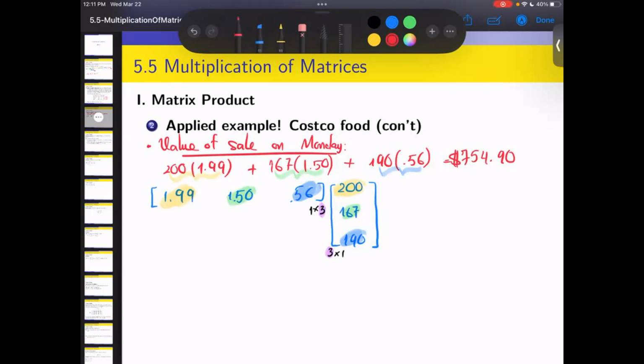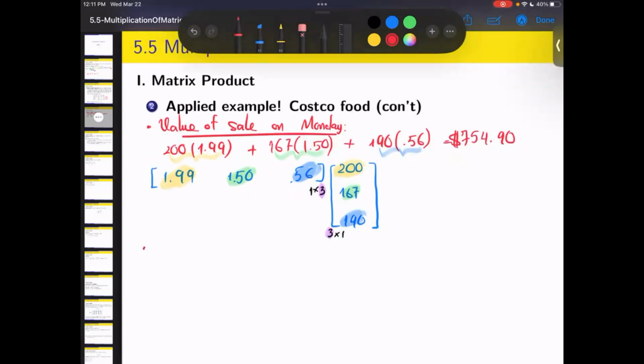And without further ado, Tuesday and Wednesday are similar. It's a similar computation for Tuesday and Wednesday.